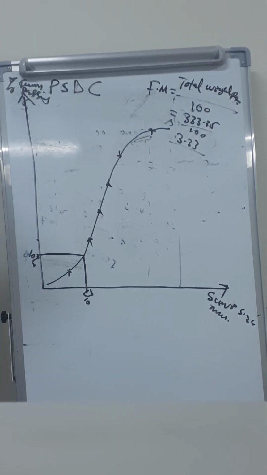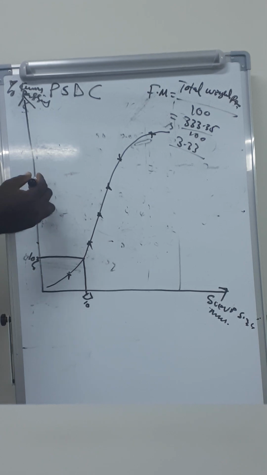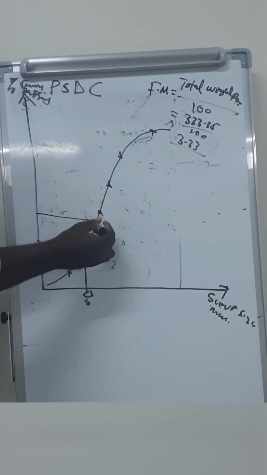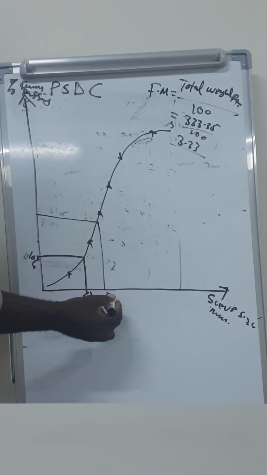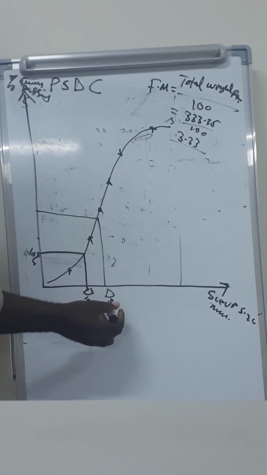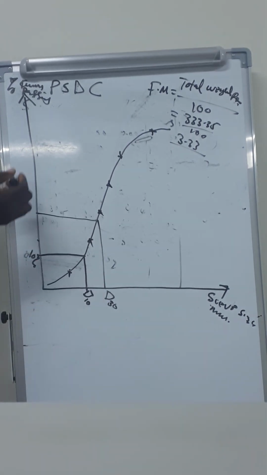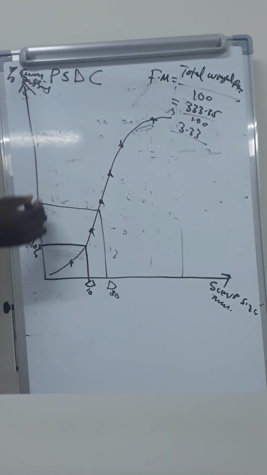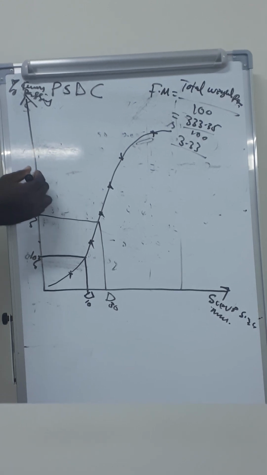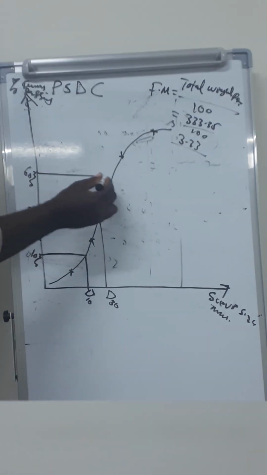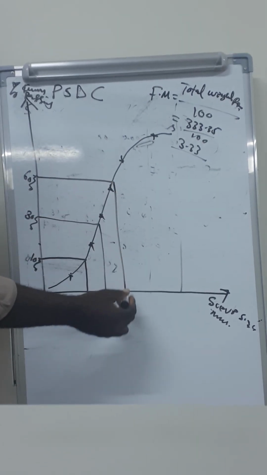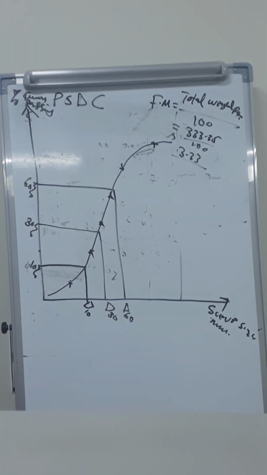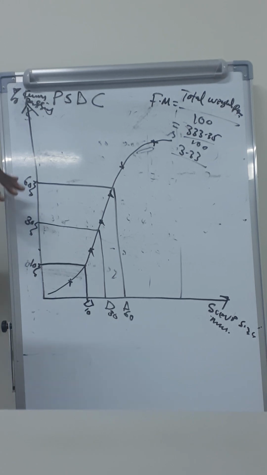Next is the diameter at 30% cumulative passing, which is D30. Please indicate this on the graph, it's very necessary. And this at 60% is D60.